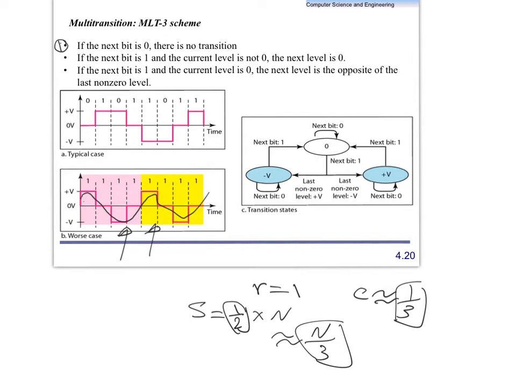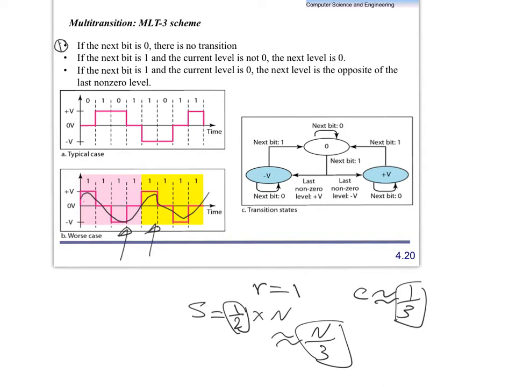So this is the main benefit of this scheme. What is the cost that we have paid? Well, it's more complex. Sometimes for a particular voltage level, we have to go back to see what the non-zero voltage level is in order to find the next one.